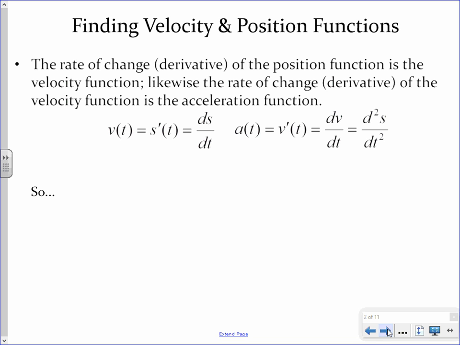All right, so we know that velocity is the derivative of position, and acceleration is the derivative of velocity, or the second derivative of position. So what if we know velocity and we want position? What are we going to have to do?